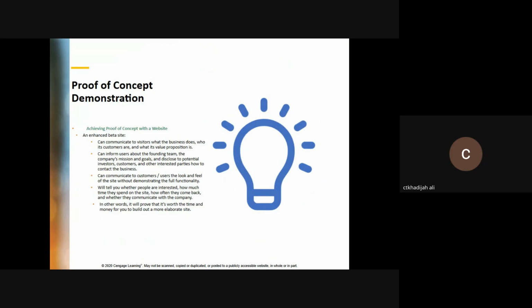Can inform users about the founding team, the company's mission and goals, disclose to potential investors, customers, and other interested parties how to contact the business, can communicate to customers or users the look and feel of the site without demoing the full function, will tell you whether people are interested, how much time they spend on the site, how often they come back, and whether they communicate with the company.